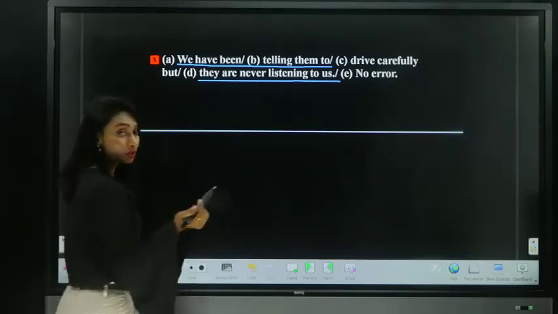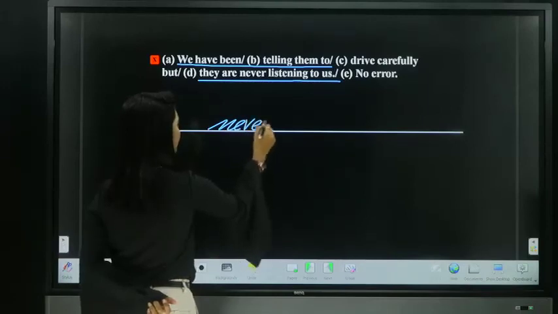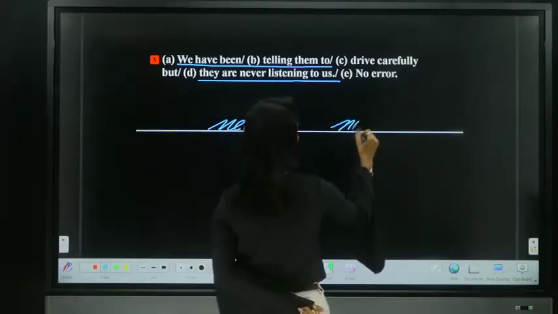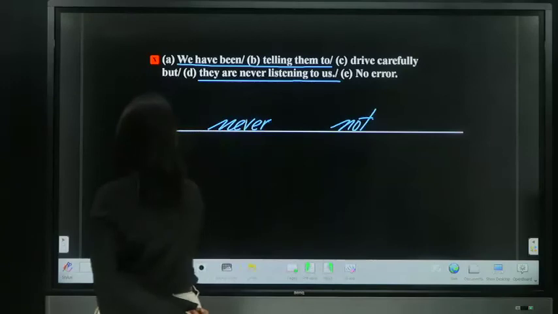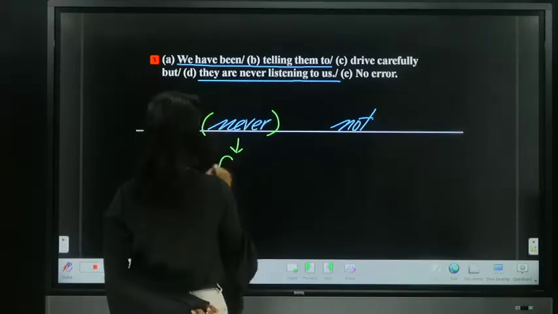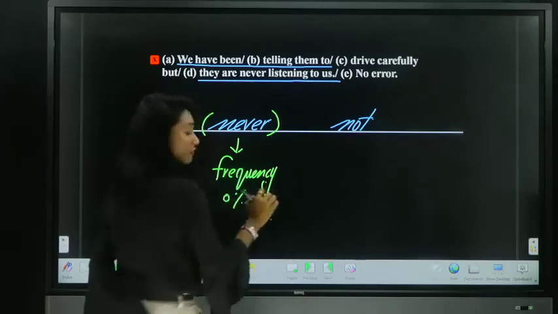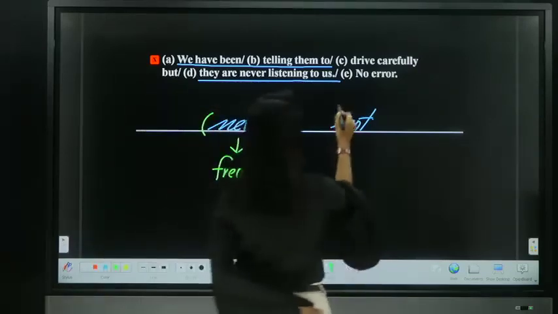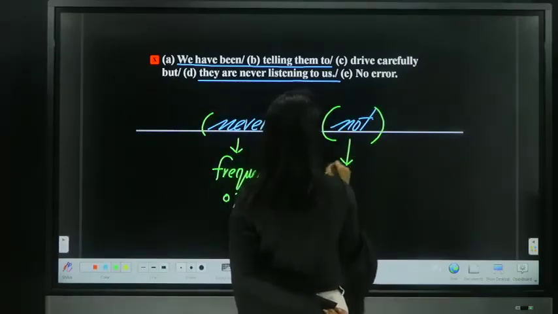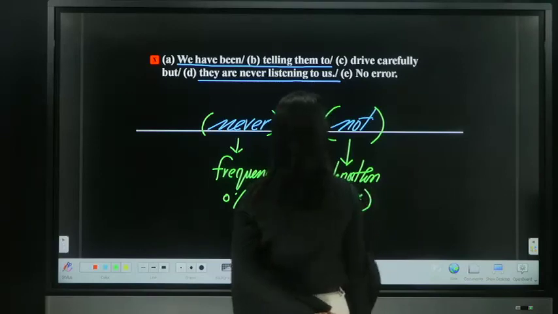Guys, I told you in adverbs the difference between never and not. See, never is an adverb of frequency. It has 0% frequency: never, not at all. On the other hand, not is an adverb of negation. It talks about something negative, right?